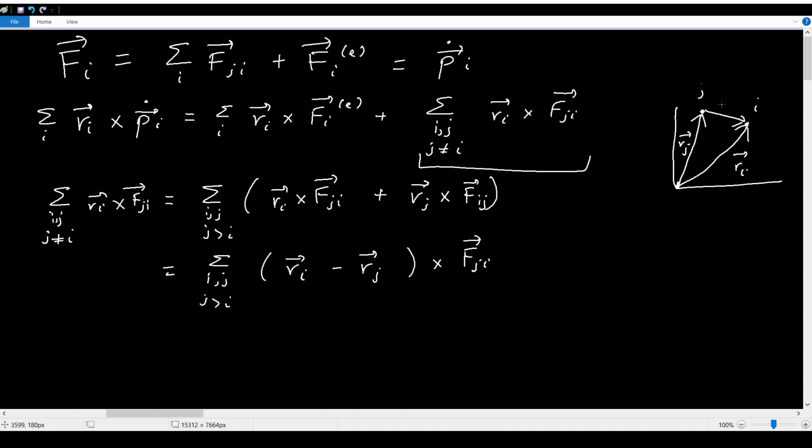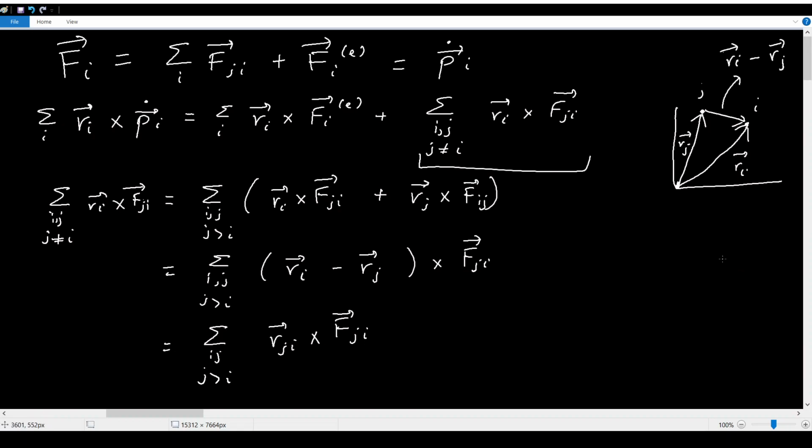So this is r_i minus r_j. So it is a distance vector between the two particles, and let me just denote this as r_ij or r_ji, whichever you prefer. So r_ji denotes that it starts at j and ends at i.